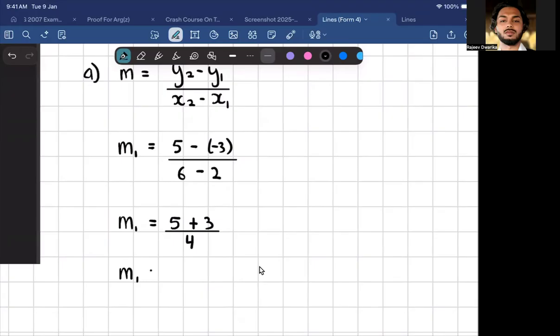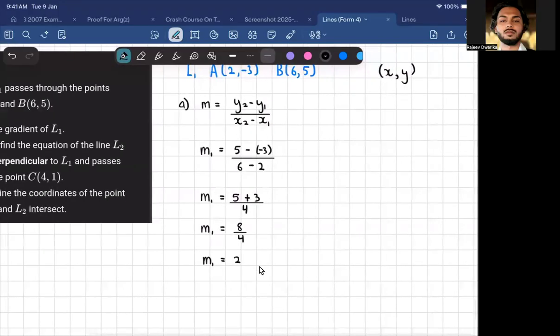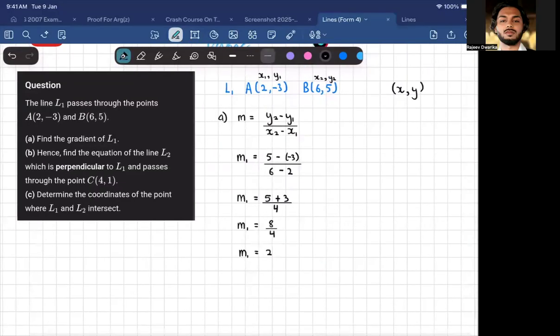What's 5 plus 3? 8. What's 8 over 4? Like 2 over 1, sir. Right, that's 2 over 1. I'll just write 2 for now. So tell me, you find that easy or you find that hard? Easy, sir. I find so too, right? That's easy.